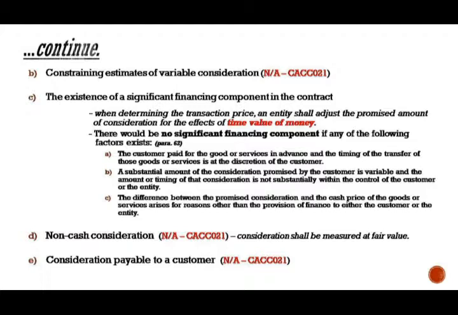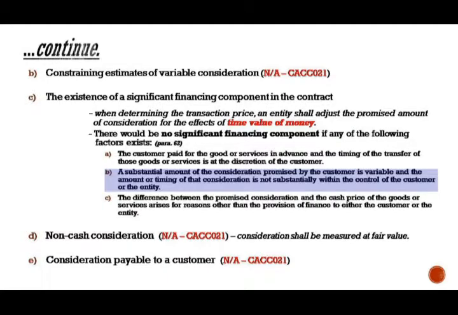Then, to calculate the significant financing component, the following factors need to be considered. For example, the customer paid for the goods in advance, and the timing of transferring of those goods and services is at the discretion of the customer. Then, it's not dependent on us whether the component is significant, because it's the customer who's choosing.